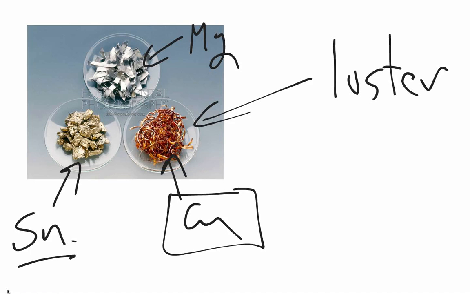So every property we know about metals has to do with having these mobile, delocalized electrons that bond things together. That allows metals to transmit electricity, to transmit heat, to be malleable, to be ductile, but also to be lustrous, because when light hits it, these mobile electrons are free to reflect that light really easily.